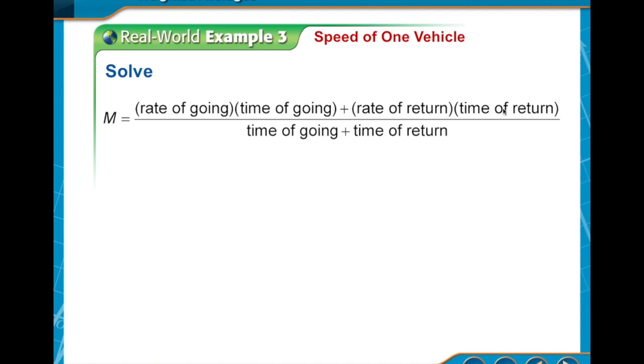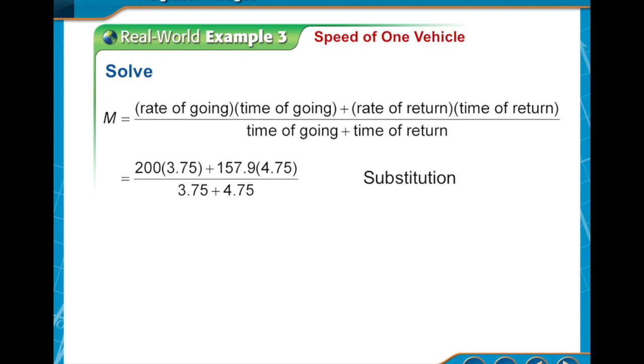Times how long did that take? We'll divide all of that by the time that it spent for her to leave and the time spent returning, summed together. We're finding the overall average weighted for her speed, and this will give us that overall weighted average for everything for the whole trip back and forth.